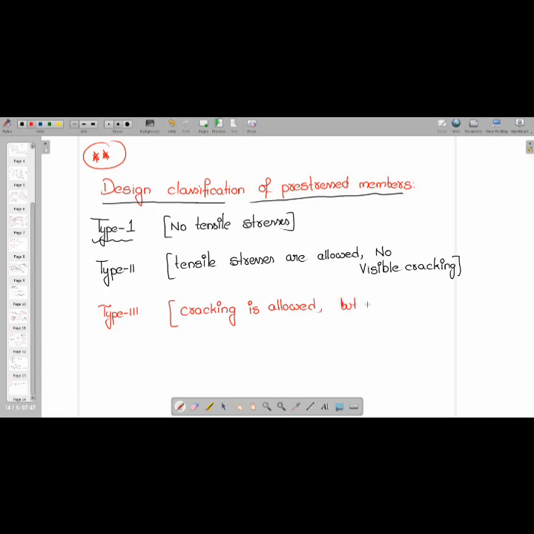Cracking is allowed, but it should not affect durability, meaning age. Sir, directly they will ask you, if this is a structure having tensile stresses, which type does it come under. You should know all these things, but it should not affect durability.